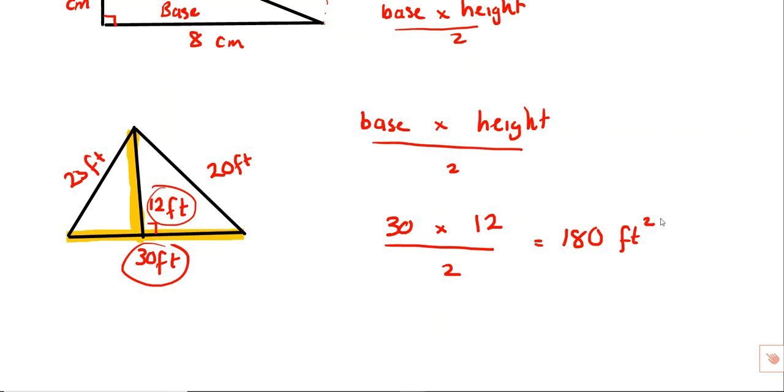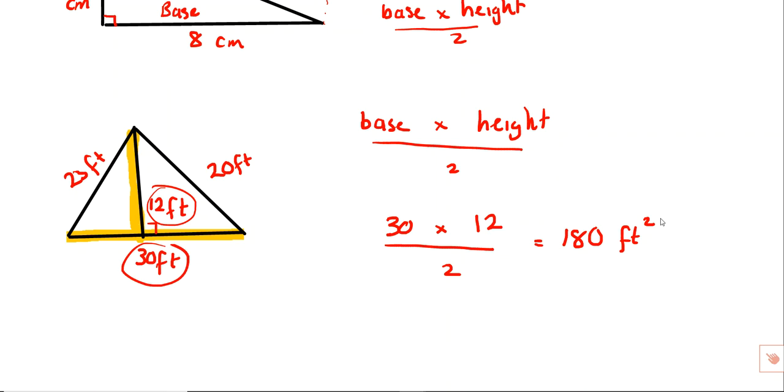So why is 23 there? It's just an irrelevant piece of information. If everyone looks on the sheet, it asks you for two things: perimeter and area.